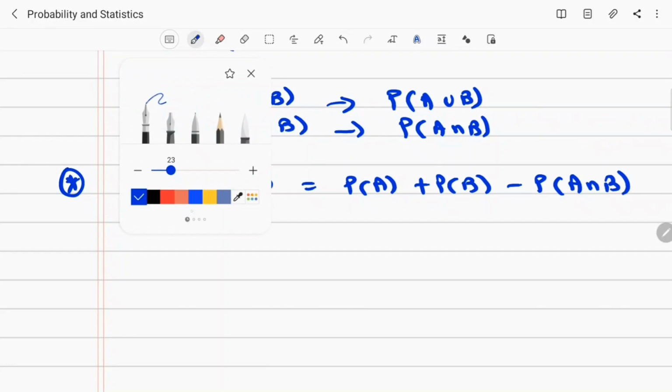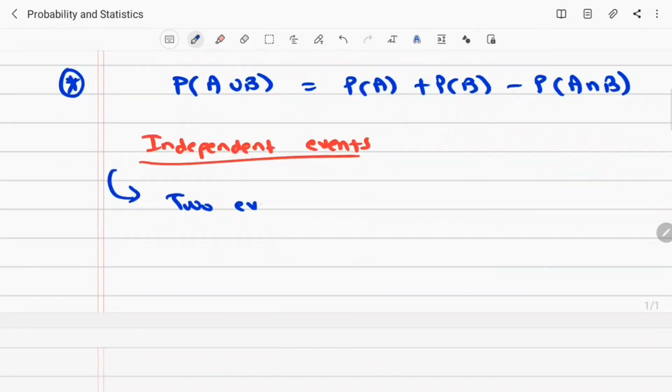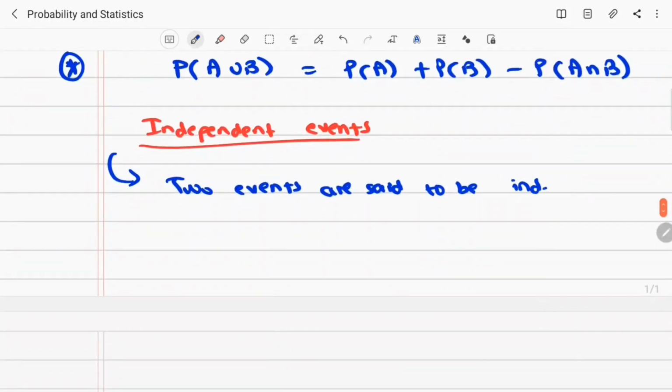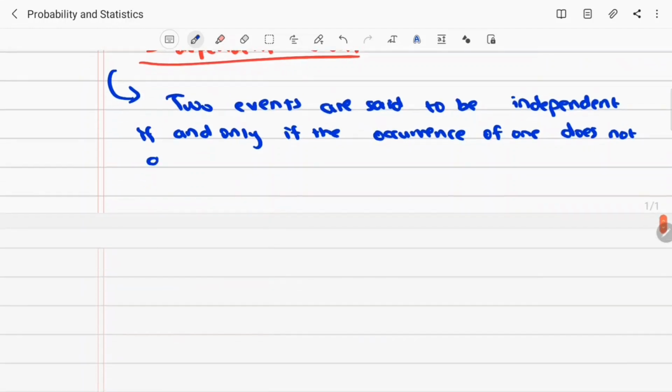Now, let's look at the two different types of events. We have independent events, and we've got mutually exclusive events, sometimes called disjoint. Two events are said to be independent if and only if the occurrence of one does not affect the other.